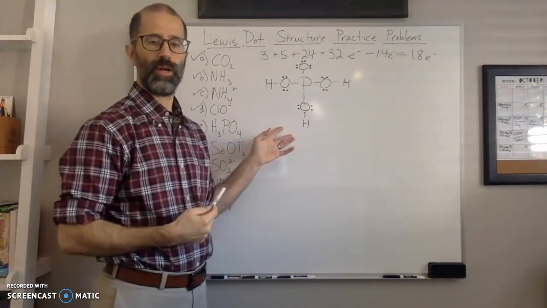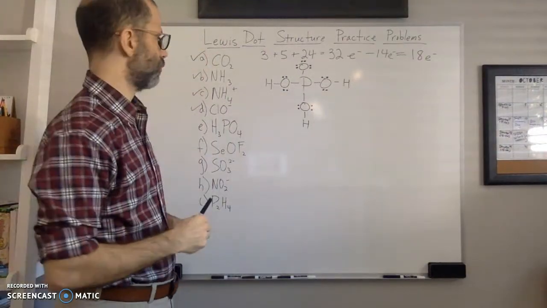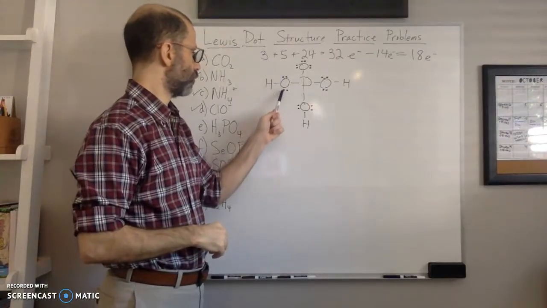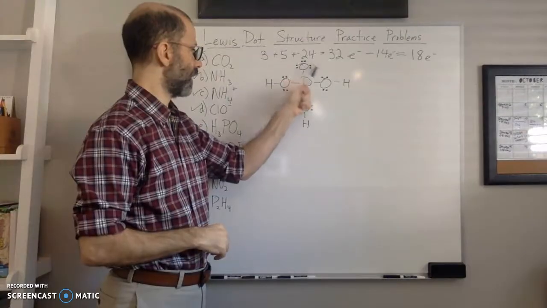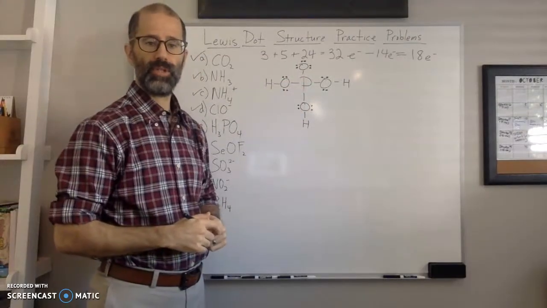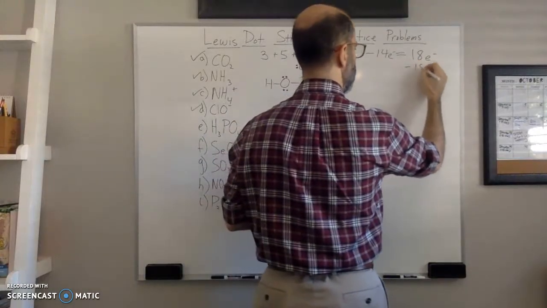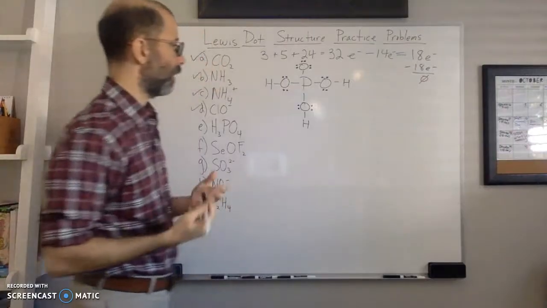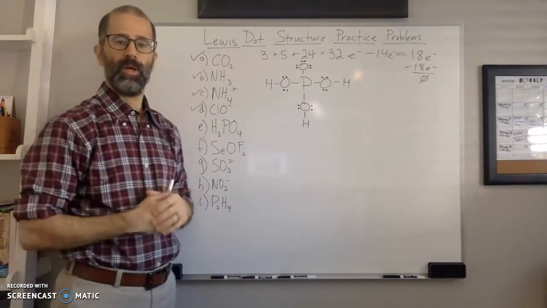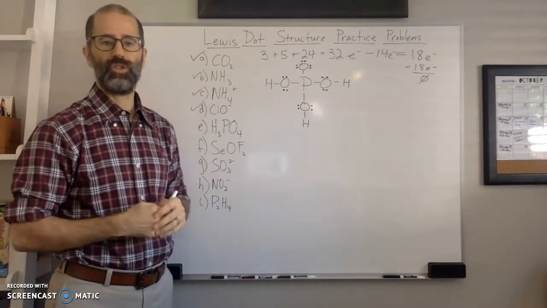We count up the lone pairs and we have to subtract that from the 18 electrons we have. So I have 1, 2, 3, 4, 5, 6, 7, 8, 9. 9 times 2 is 18. So I'm going to subtract out the 18 and I'm left with 0 electrons left over. So at this point I have no more electrons. I can't give electrons to my molecule.